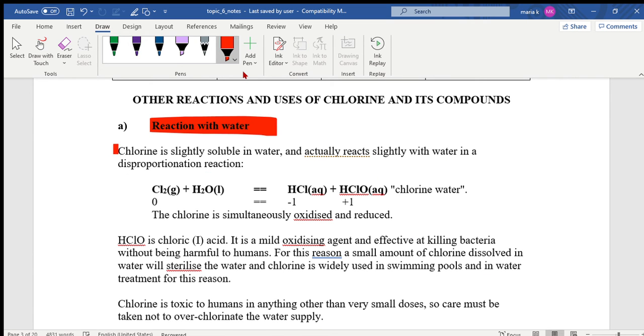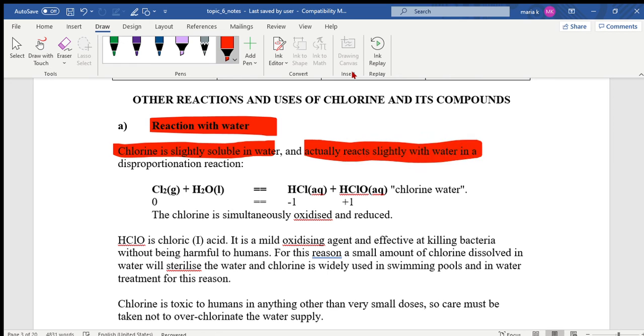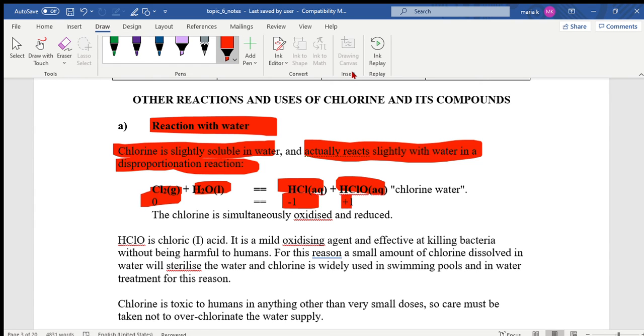Reaction with water. Chlorine is slightly soluble in water and actually reacts slightly with water in a disproportionation reaction. Cl2, H2O, HCl, HClO: 0, -1, +1. This chloric acid is a mildly oxidizing agent.